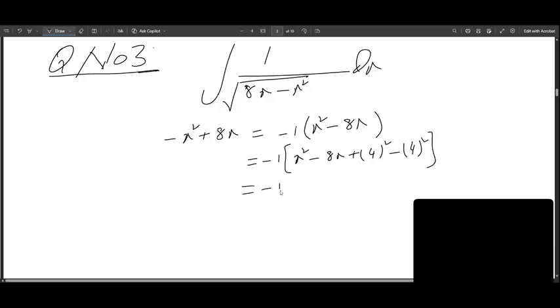That can be turned into x square, and we can directly write something here.